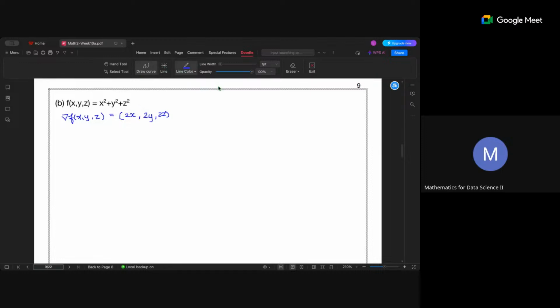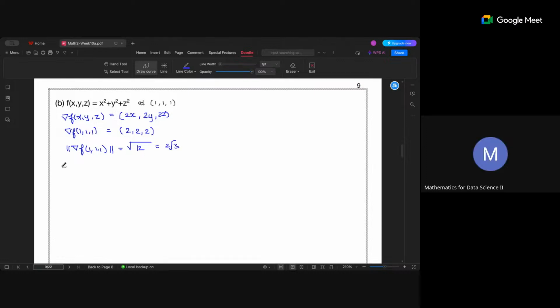The point is 1 comma 1 comma 1. So now what is del f at 1 comma 1 comma 1? 2 comma 2 comma 2. And what is the norm of this vector? Root 12, so we can write it as 2 root 3.